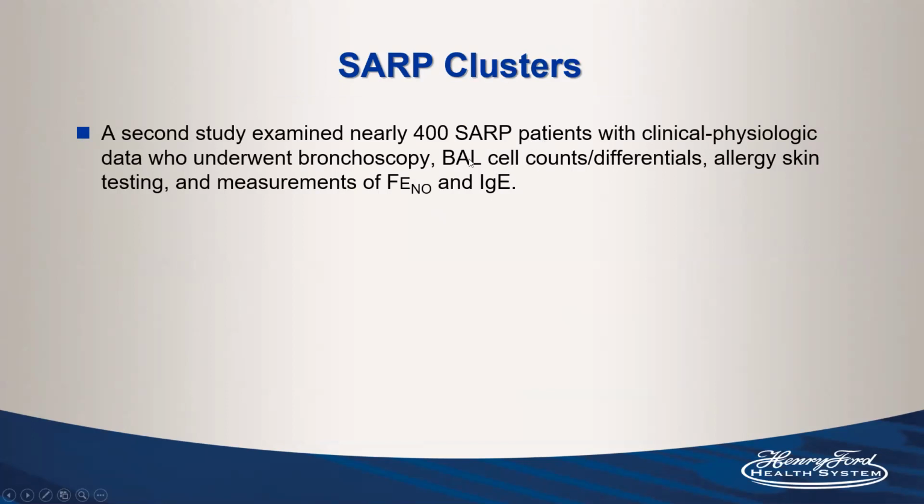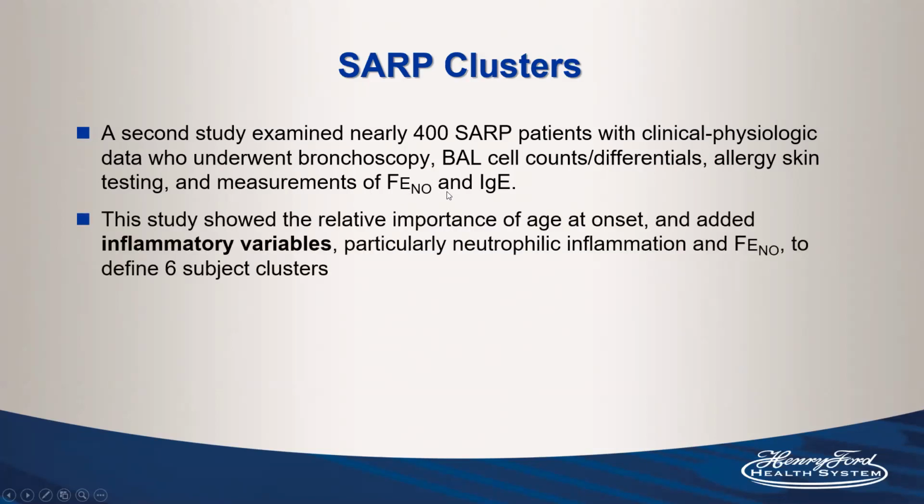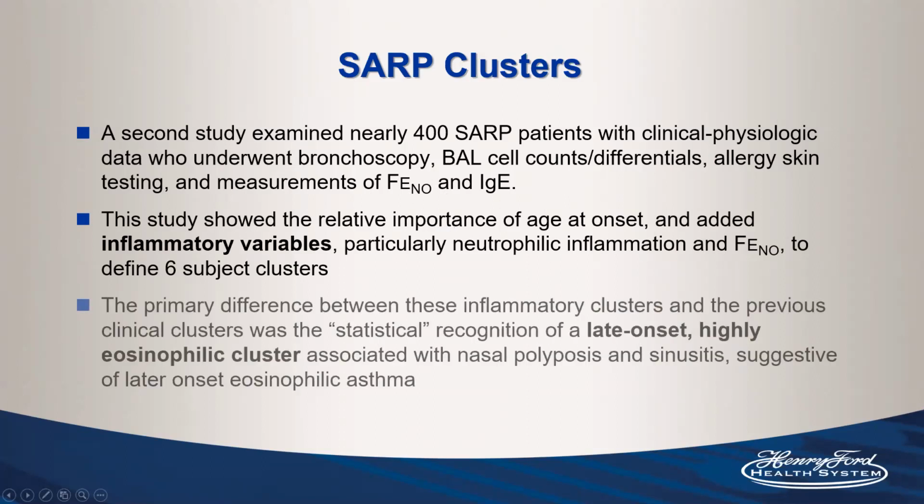They had clinical physiologic data, and they also underwent bronchoscopy, BAL cell count differentials, allergy skin testing, and measurements of fraction of exhaled nitric oxide and IgEs. They came up with 6 clusters, with one being normal. I'm not going to expand on that. But basically the difference was the recognition of a late onset highly eosinophilic cluster.